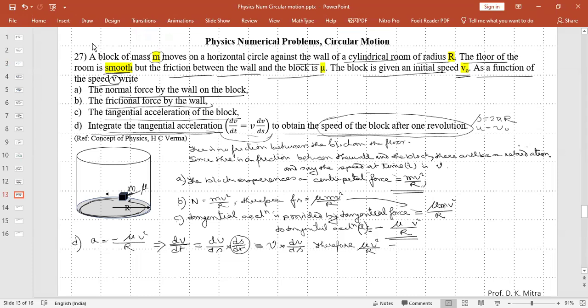is equal to, on the right hand side, I have here v into dv.